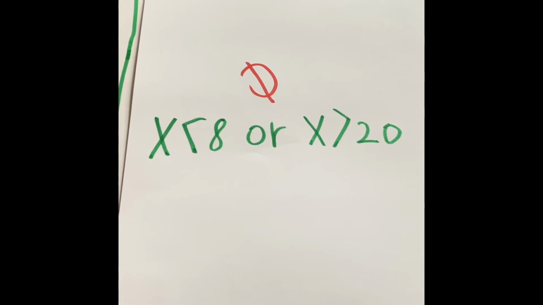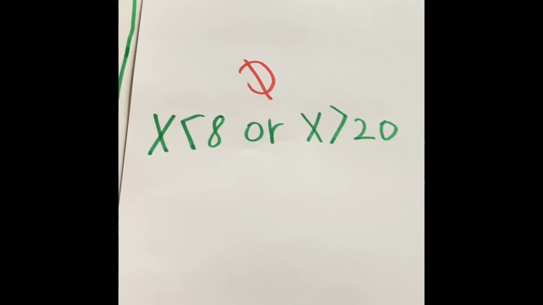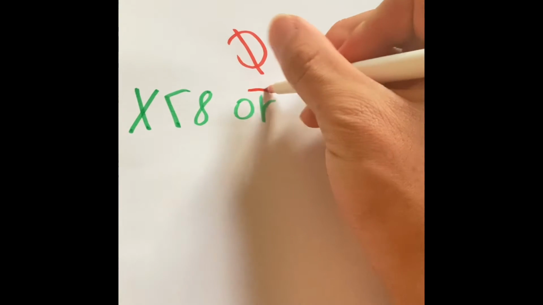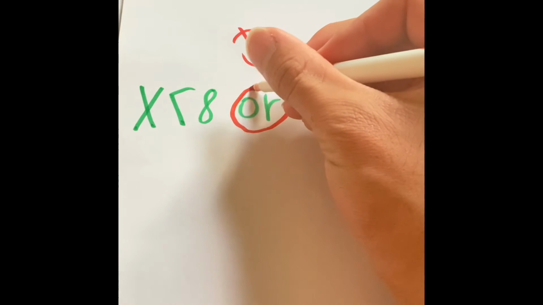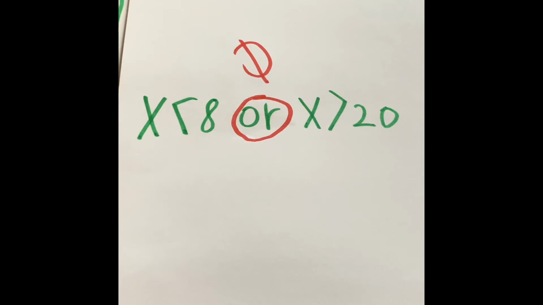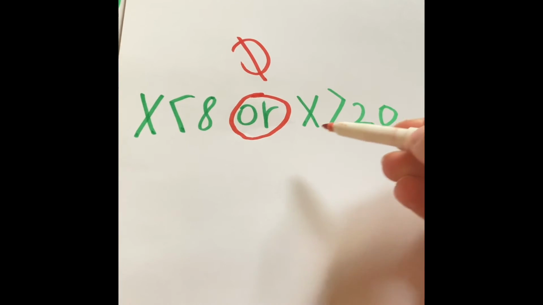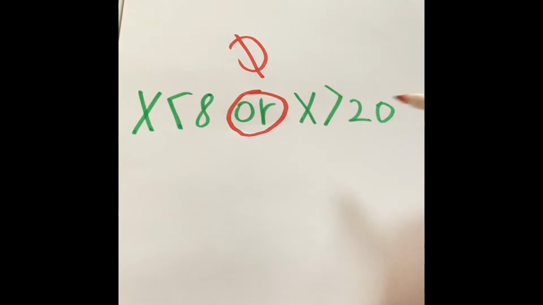How can that work? But that's actually incorrect because of the word or. So the equation is saying a number can be less than 8 or a number can be more than 20.